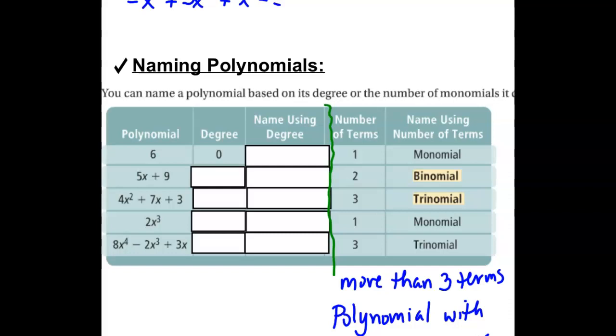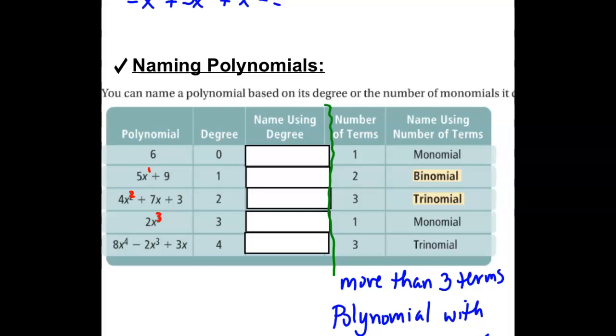Our next one, what is our highest power? A little 1 there, we don't see it, but we know it's there, right? So that would be degree 1. Next one would be degree 2, right here. Okay? This one is degree 3, its highest power. Last one is 4.